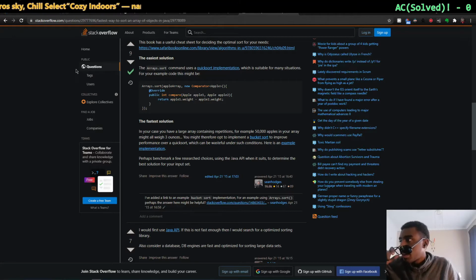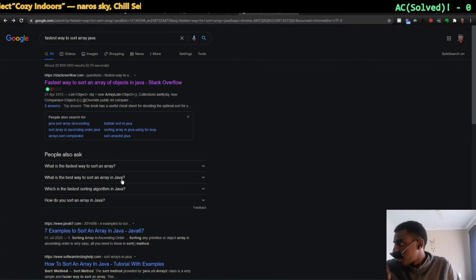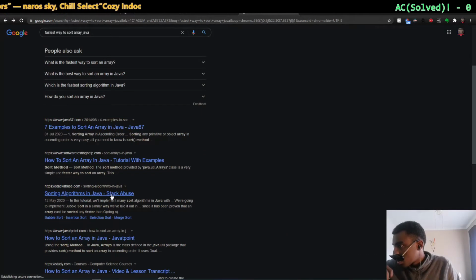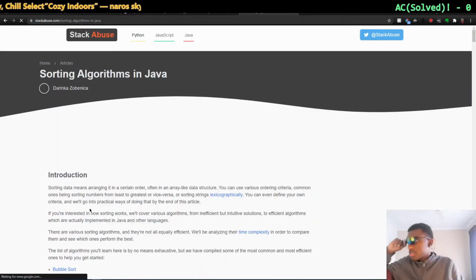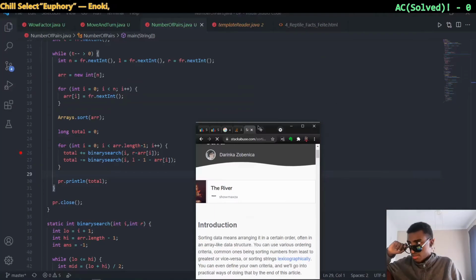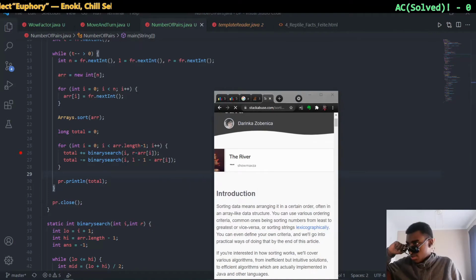Bucket sort. Okay, that might be a bit too overkill for this problem. Stack abuse. I hope this is working.